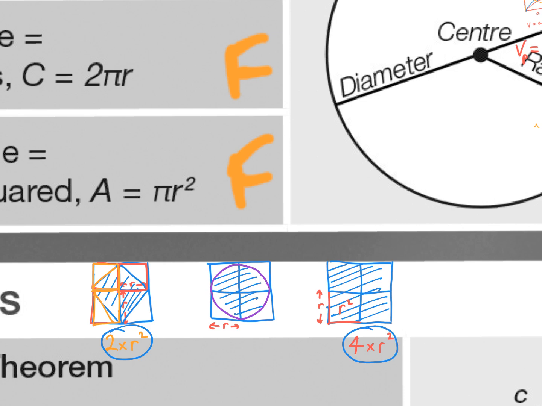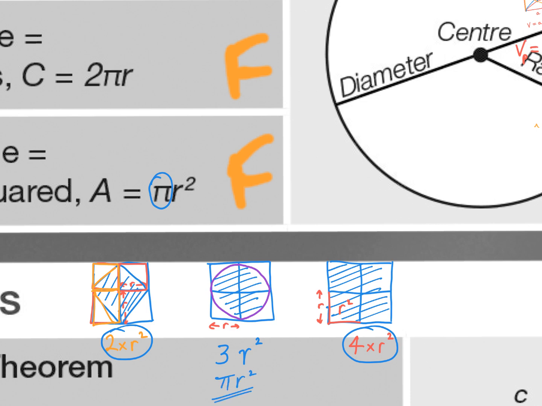Now you might say it's 3R squared, and that's not bad. You can say 3R squared as a rough idea. But what is that number that's really close to 3 that you've heard of many, many times? Pi. So that's why the area of a circle is pi r squared.